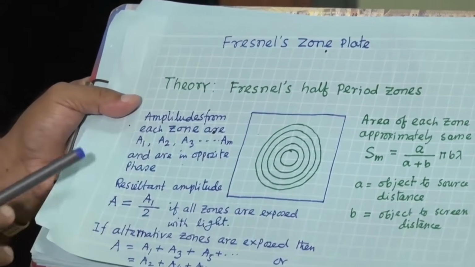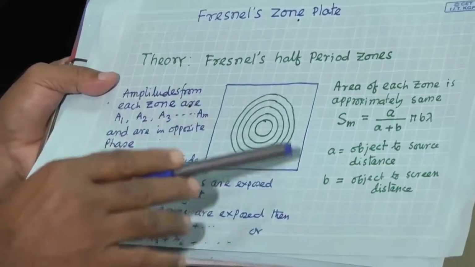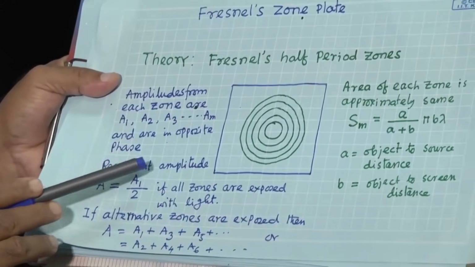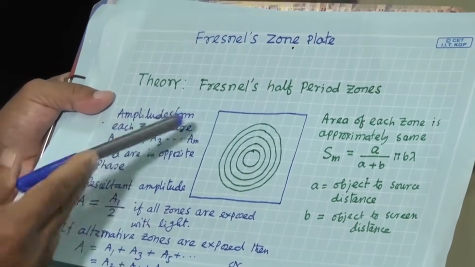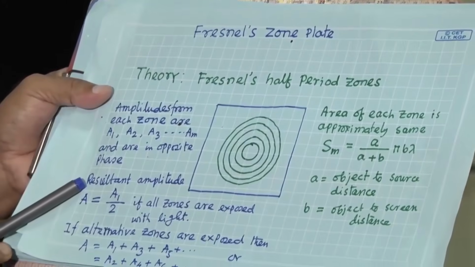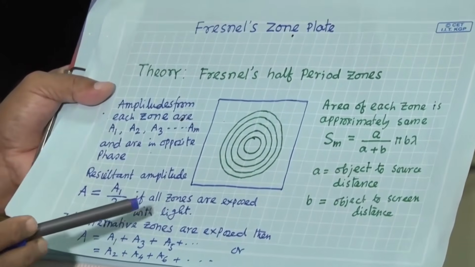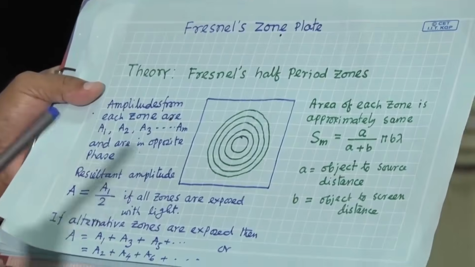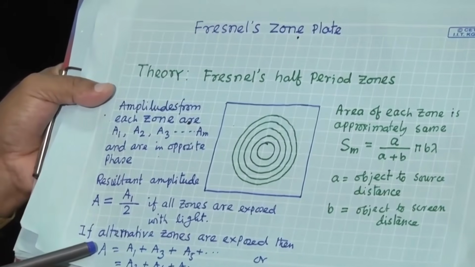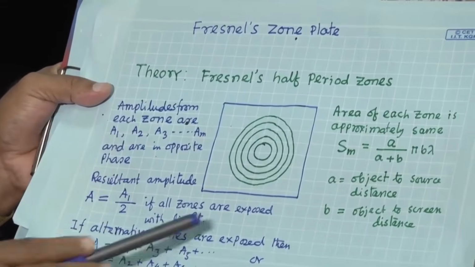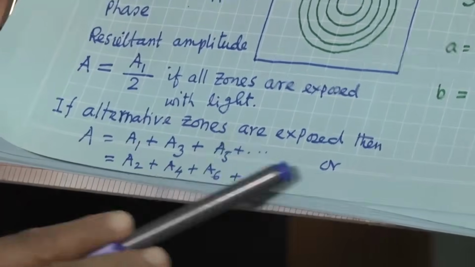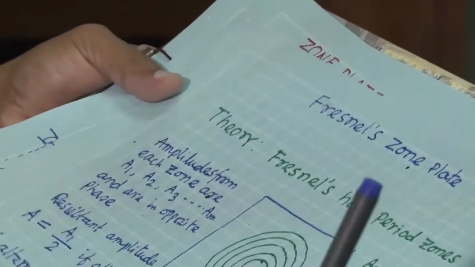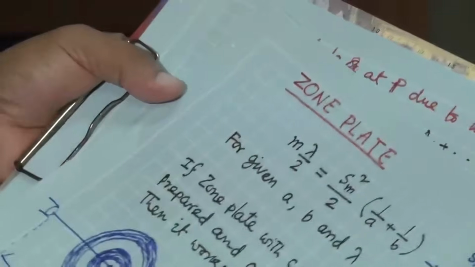When all zones are open, the amplitude will be half of the amplitude of the first zone only. If only alternate zones are exposed, the amplitude will be A1 plus A3 plus A5, or A2 plus A4 plus A6, etc.